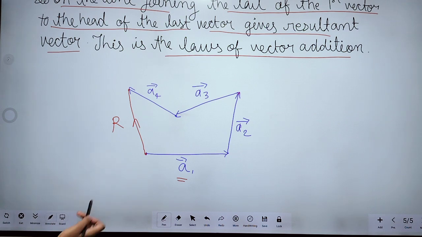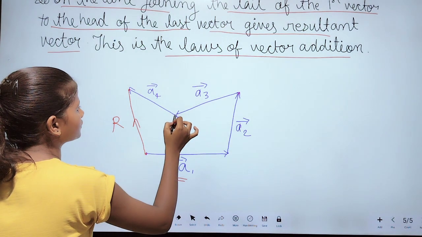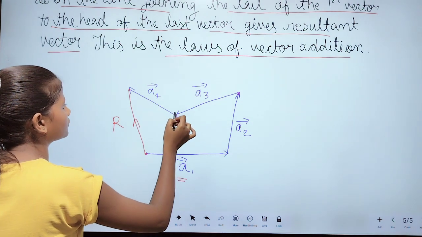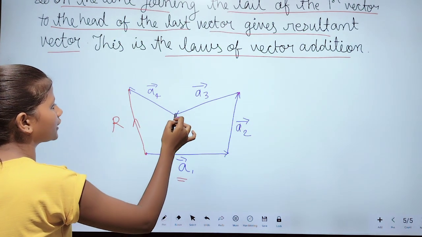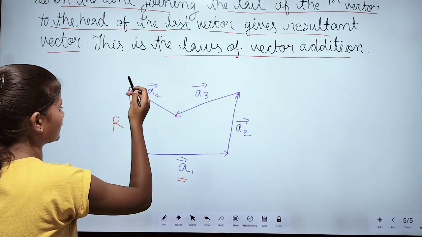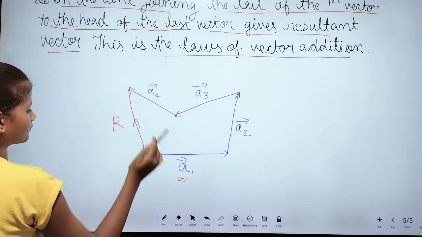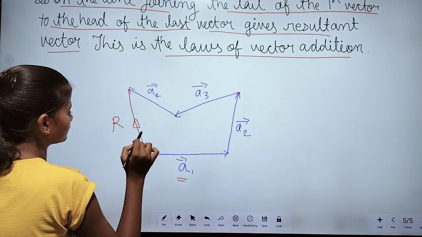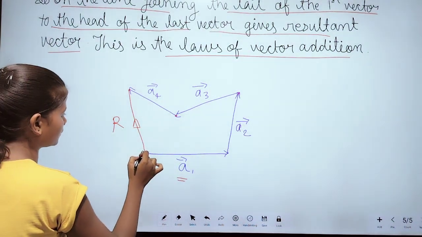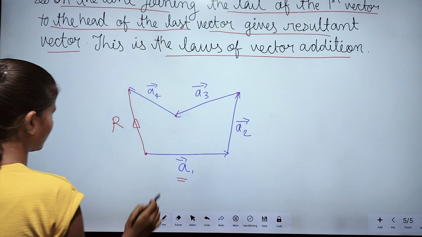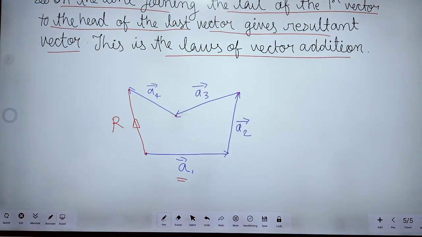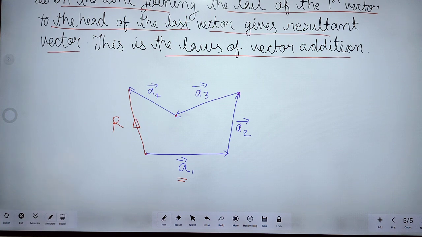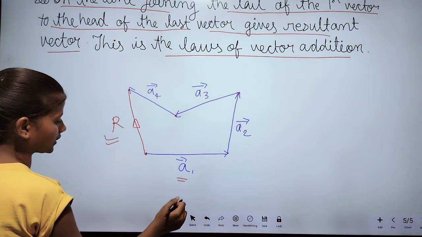Draw fourth vector on the head of third vector. And so on. The line joining the tail of the first vector to the head of the last vector gives resultant vector.